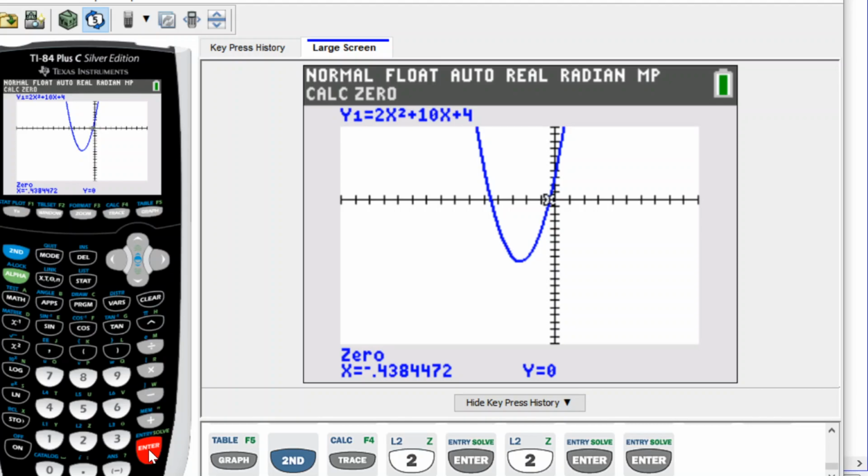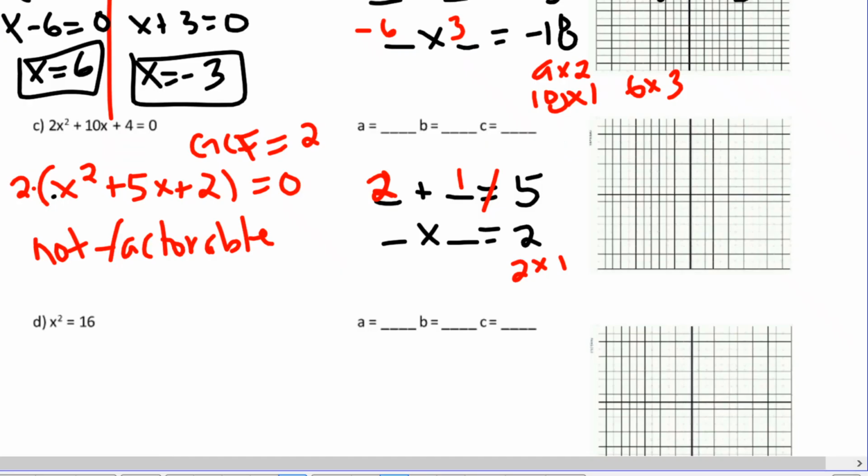Right? This is likely an irrational number here. So what that means is that sometimes we can't solve by factoring. Right? It's a great method when values are factorable, but we don't always have the ability to get a solution from factoring. Right? So while there are solutions, and graphically will always tell us that, factoring sometimes doesn't work.